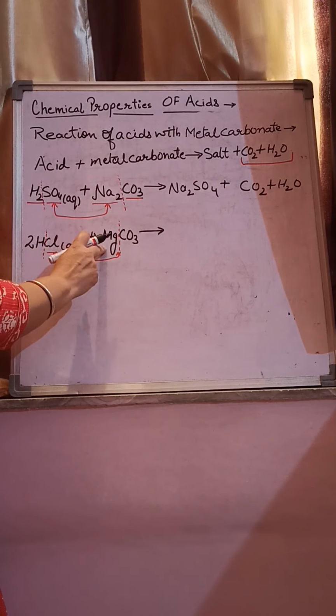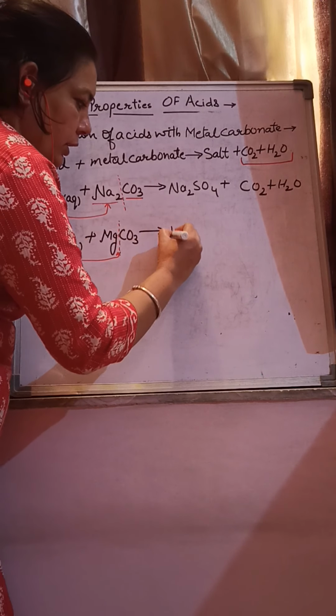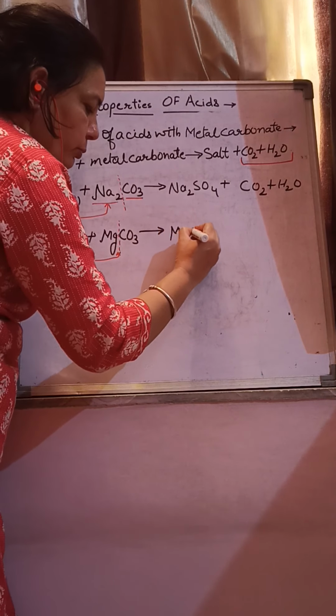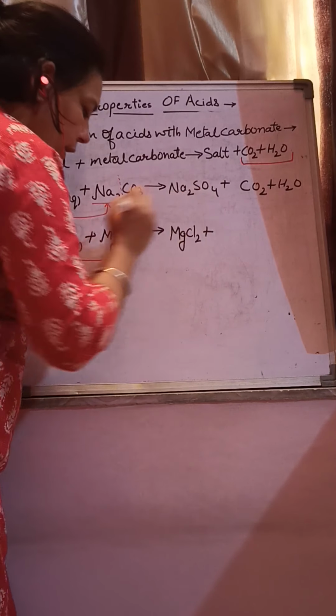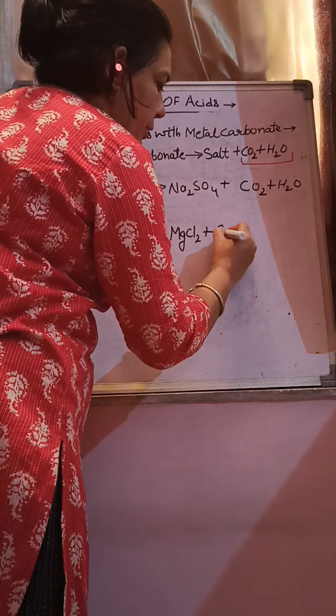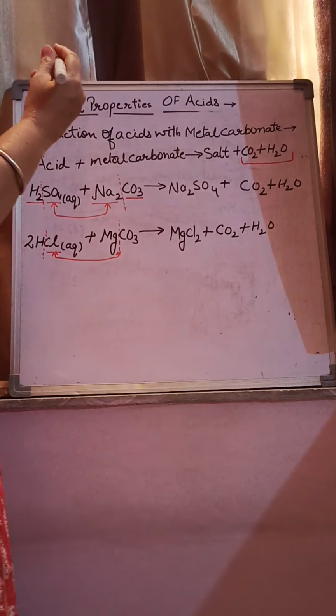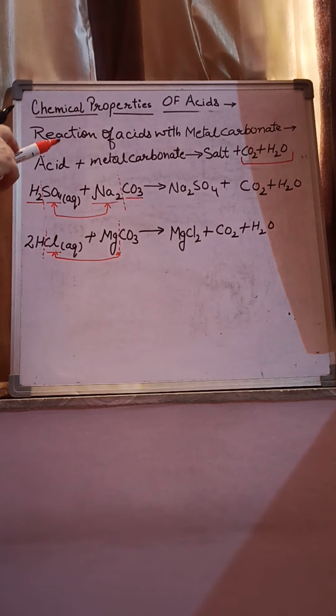What will form? MgCl2, two chlorine here and Mg here. So the salt which is formed is magnesium chloride. The rest, two products are fixed in this reaction, carbon dioxide and water. So this is the way to learn this reaction, okay children.